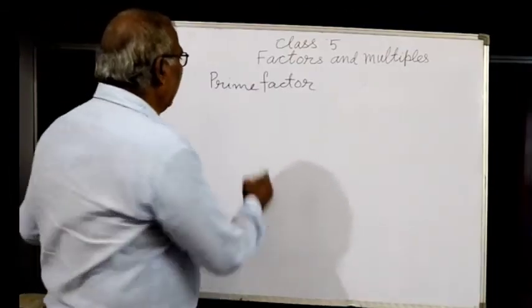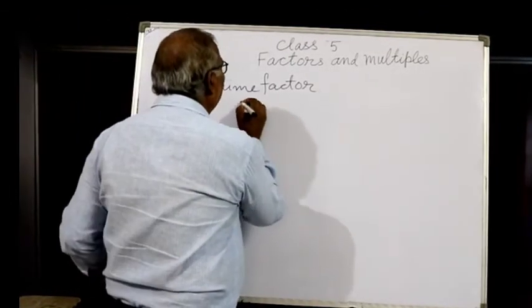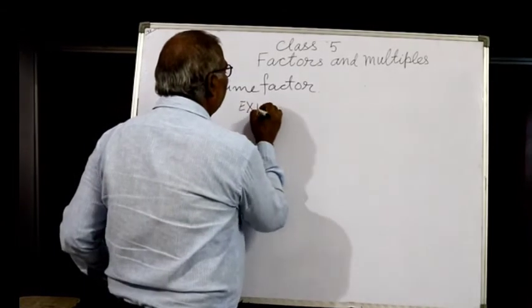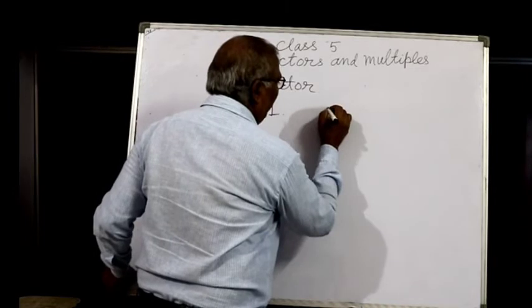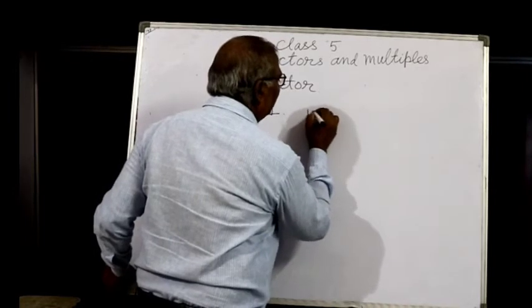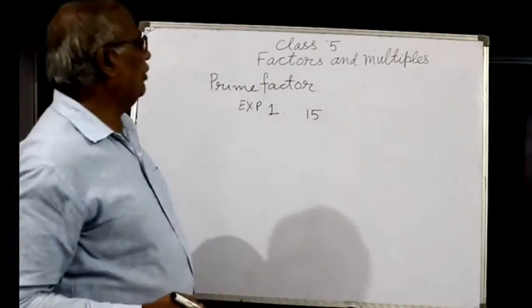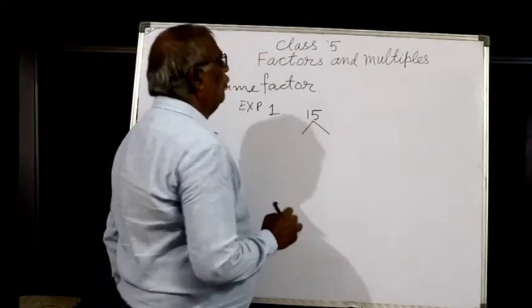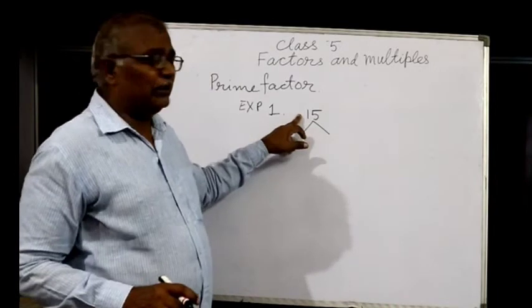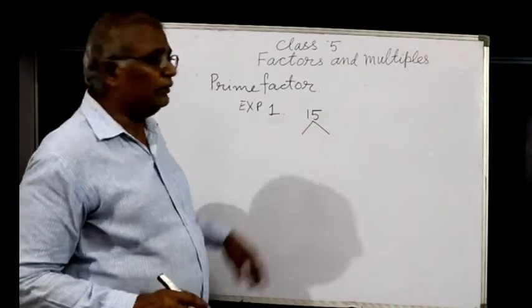Now we take one example, example 1. Find all the prime factors of 15. 1 is not a prime number, so we cannot take 1.